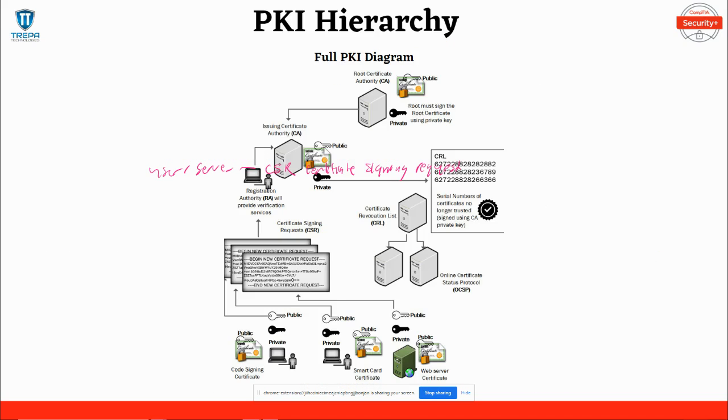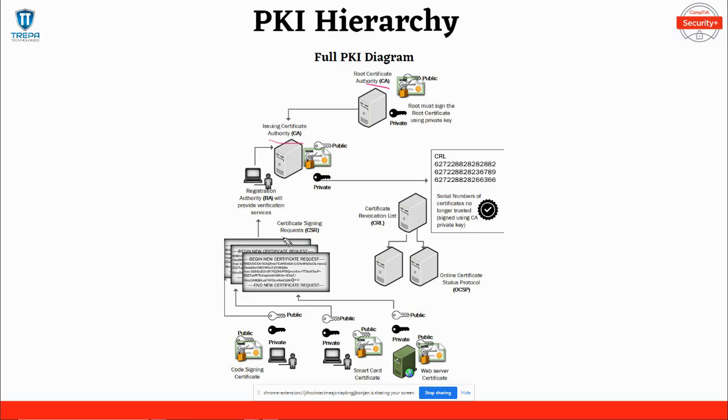And then here we have a complete PKI design that shows the flow of the public key infrastructure. You can see the root CA sits on the top, right? Our root CA, and let me get rid of that text for you. So we see our root CA right here. And then we have our intermediate, our issuing certificate authority, right?